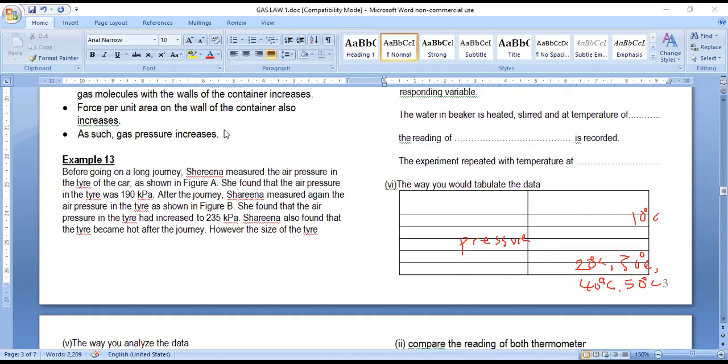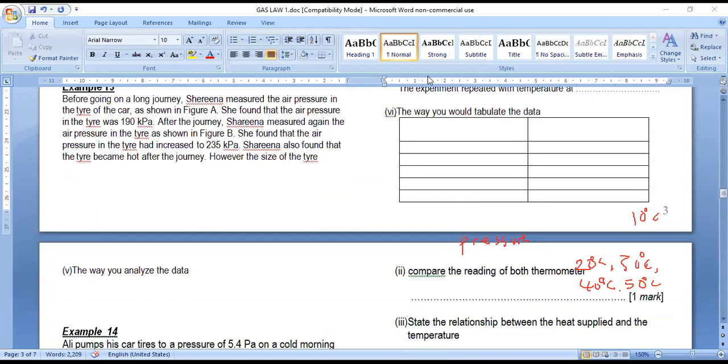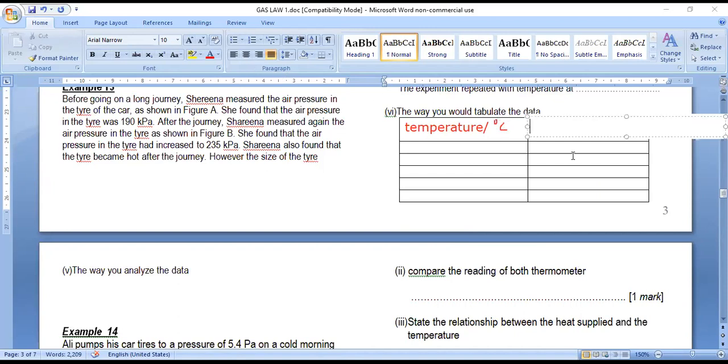The way you tabulate your data, the first column will be temperature and the second column will be pressure.